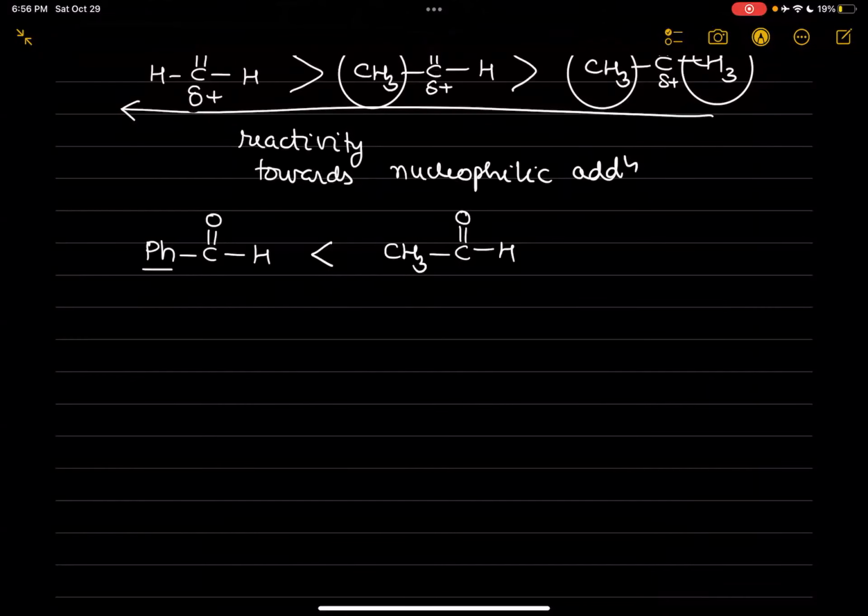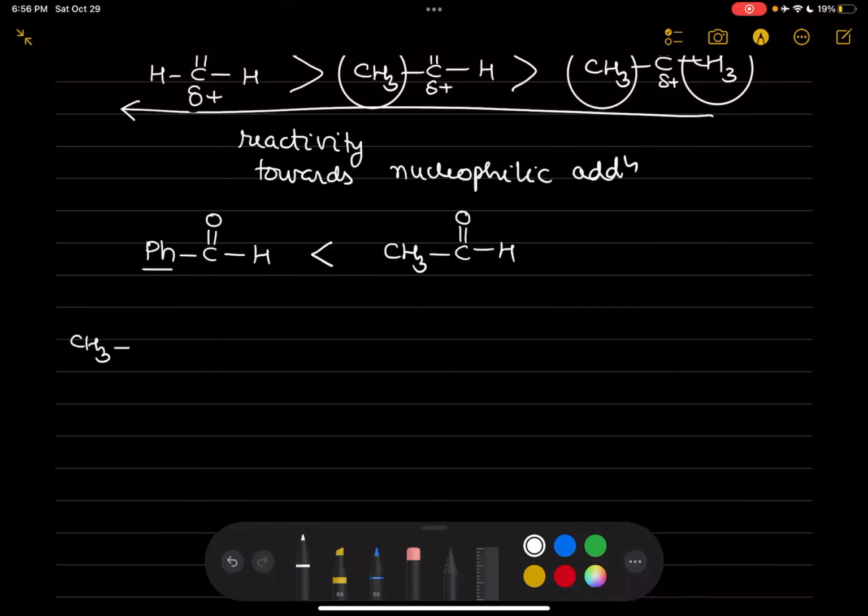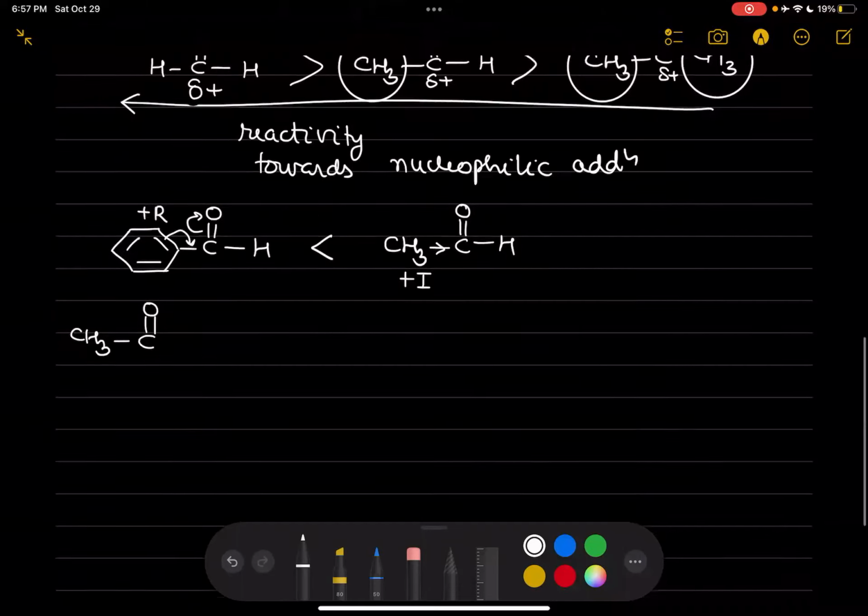Now the next thing is questions. So the reason would be the inductive effect of the benzene group, right? No, this is plus I and this is plus R, not the inductive. It is the resonance effect. So how are you going to do the resonance in this case? The pi bond is going to get attracted onto the C double bond. So this is plus R effect, or plus M effect, mesomeric effect.